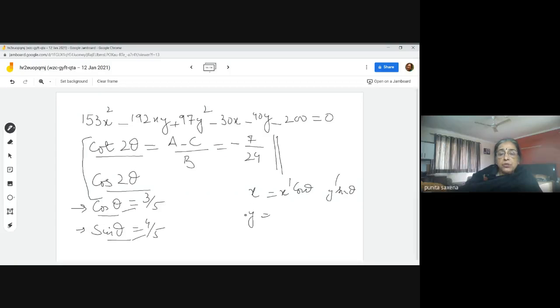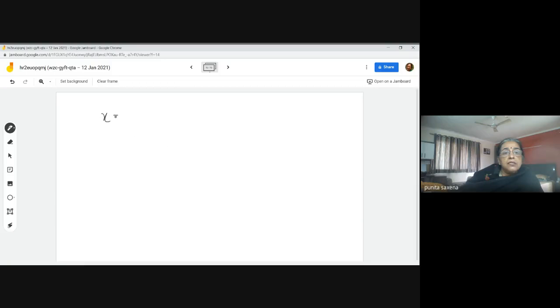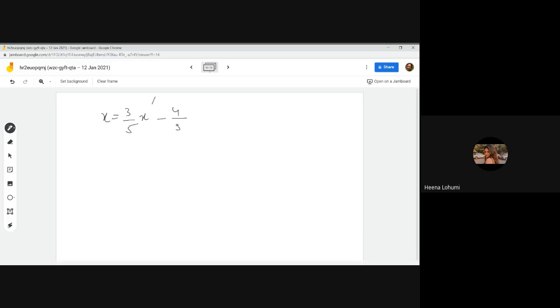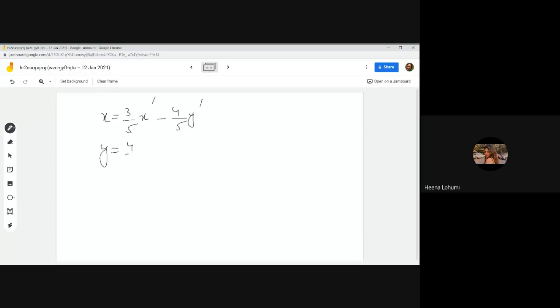Now substitute x and y in terms of x dash and y dash. So what are the equations that you are getting now? x is equal to 3/5 x dash minus 4/5 y dash, and y is equal to 4/5 x dash plus 3/5 y dash.